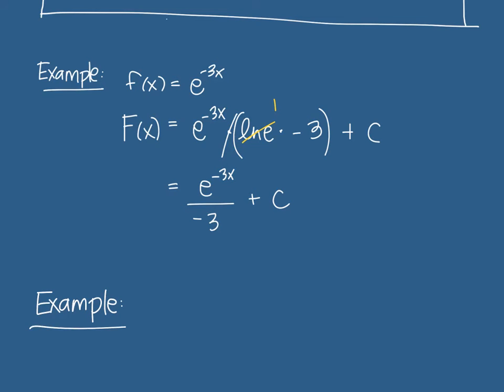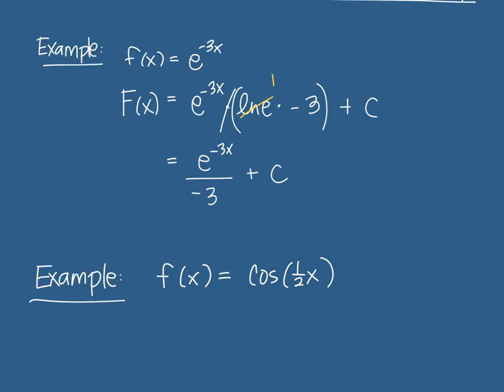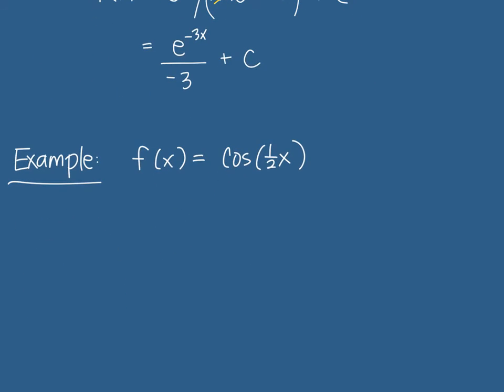Okay, here's another one. f of x is cos half x. Sometimes I think about it this way: the derivative was negative sine half x times half. That was the derivative. Now how can I make that an antiderivative?